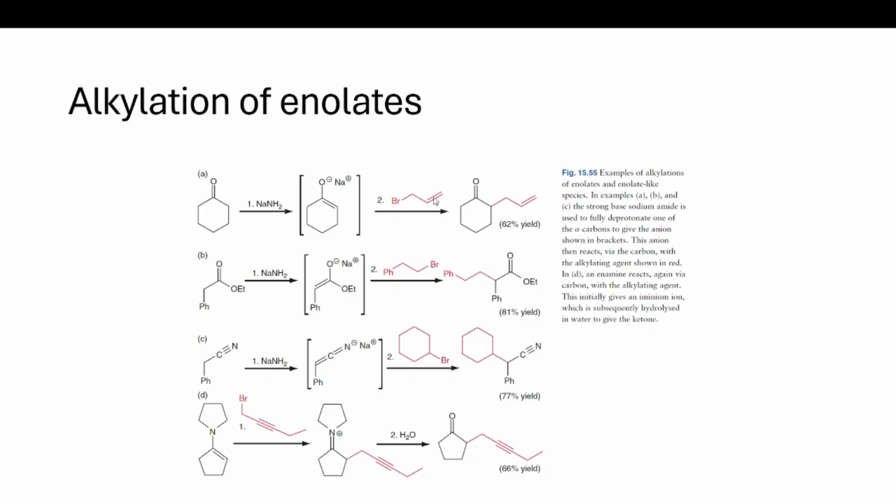And by reacting an alkyl bromide, what we obtain with alright yield, 62%, not bad, depending on the context, is alkylation happening here. And this even happens for something such as reaction D, where we have this enamine, which is similar to an enol. We have this enamine being formed and alkylation happening after that.